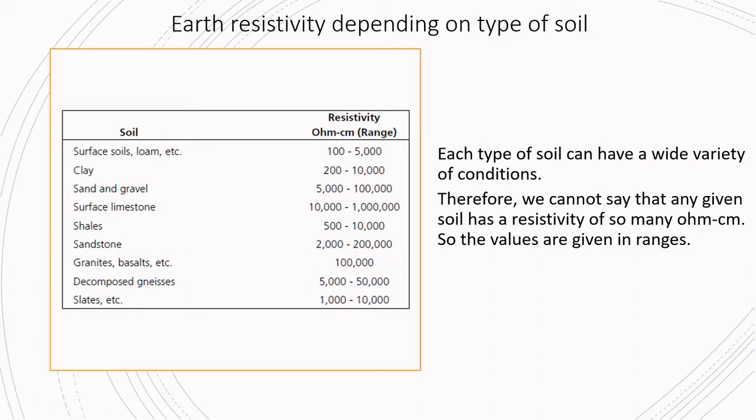Therefore I have given these values in ranges. If you observe closely, you can see clay has a resistivity changing from 200 ohm centimeters to 10,000 ohm centimeters. That is a very large range, right? So you need to understand these are just approximated values. Depending on the conditions, you have to take a resistivity value depending on your readings as an approximation for those types of soils.